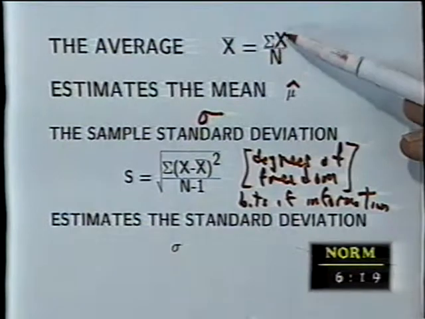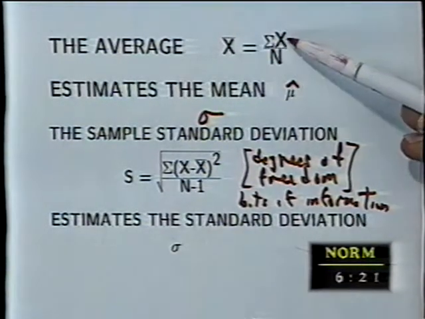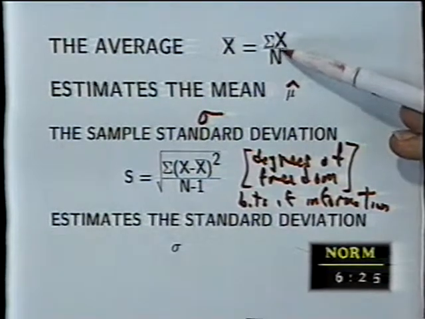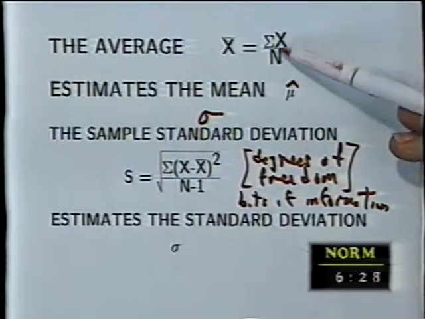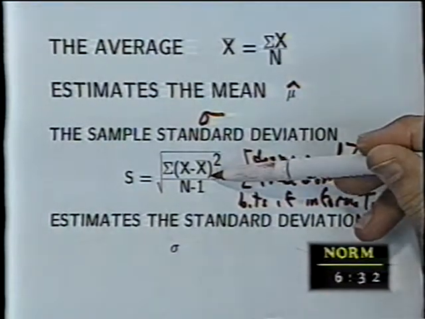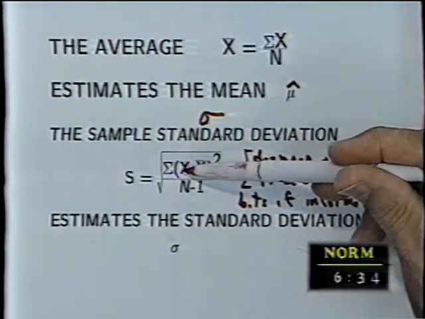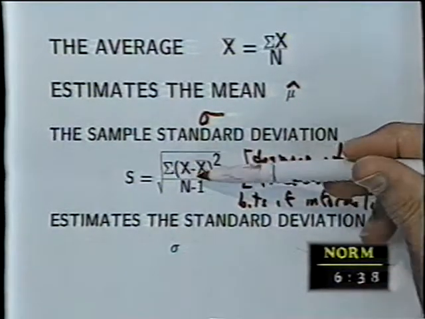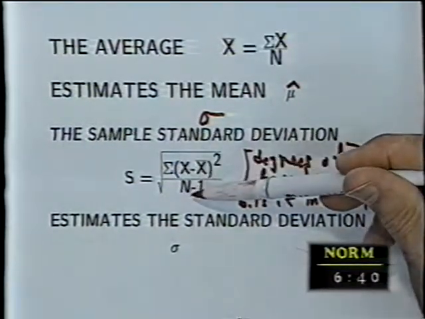Each observation has a bit of information connected to it. I sum up all that information, I divide by how many, and I get the information per bit. So an average is really the information per bit. If I want to average this up, I take the difference between x and its center squared, sum them up, and take the average by dividing by the number of bits of information.